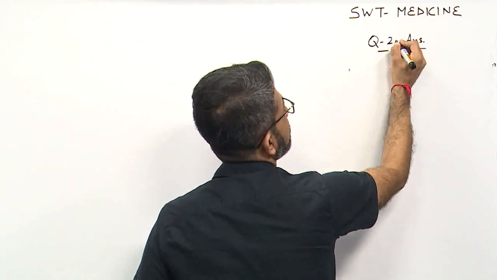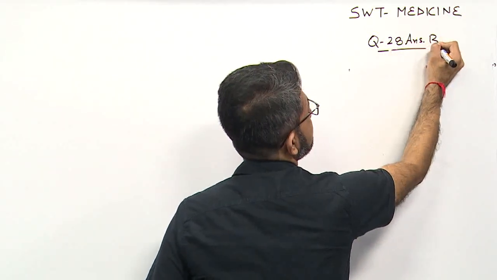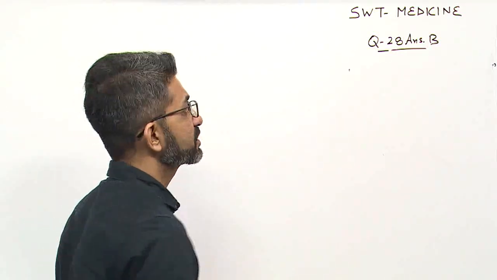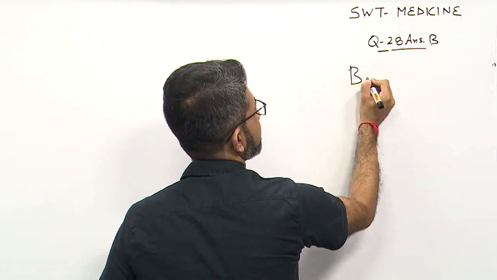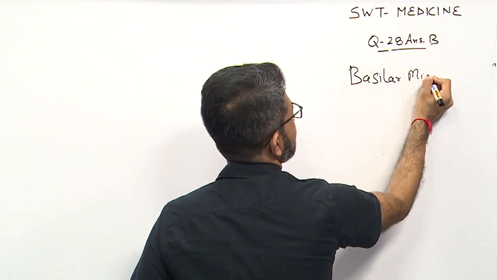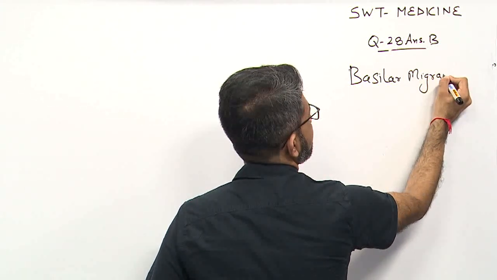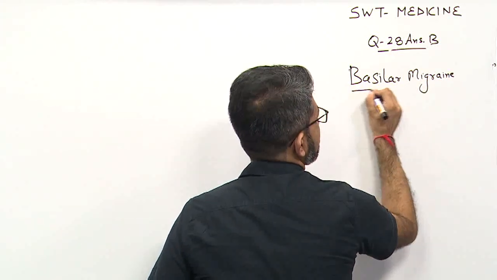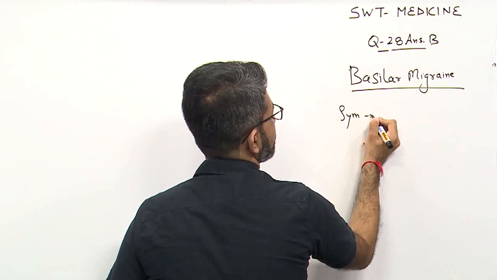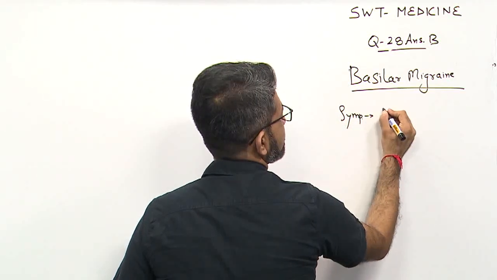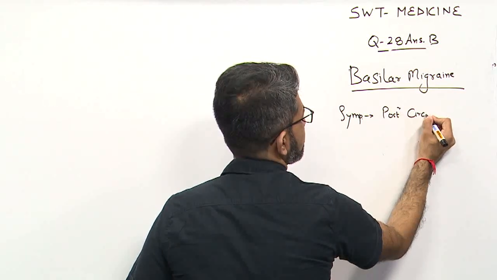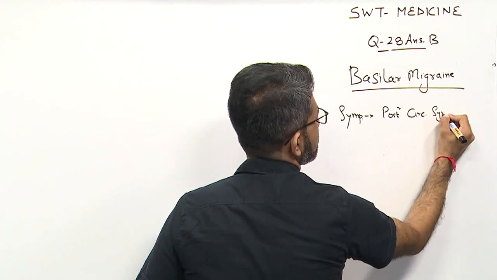28. The answer is B. Basilar migraine. You know, few things should be remembered for basilar migraine. The symptoms can be very similar to posterior circulation syndromes.